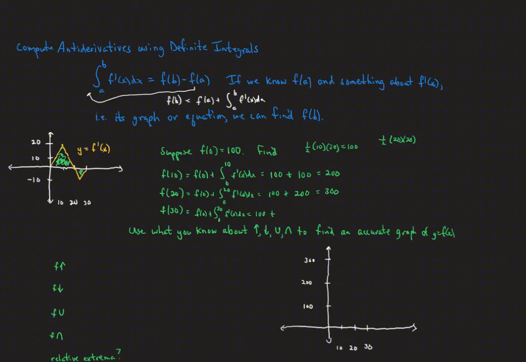So 1/2 base times height there is 1/2 the 10 times 10. So that's going to be 50, but it's going to be a negative. So we get the 200 that we had minus that 50 is going to be 150. And so that is going to make f of 30 be 250.